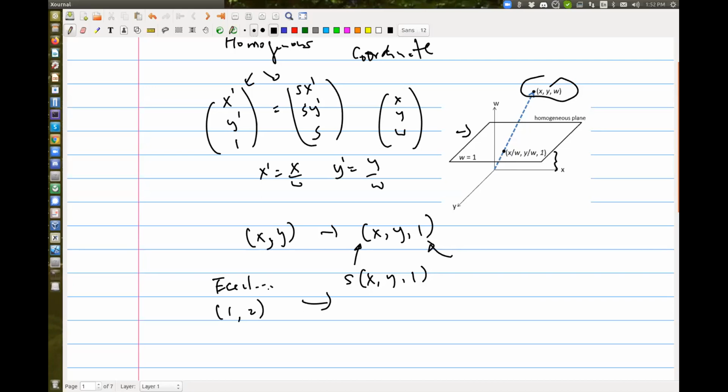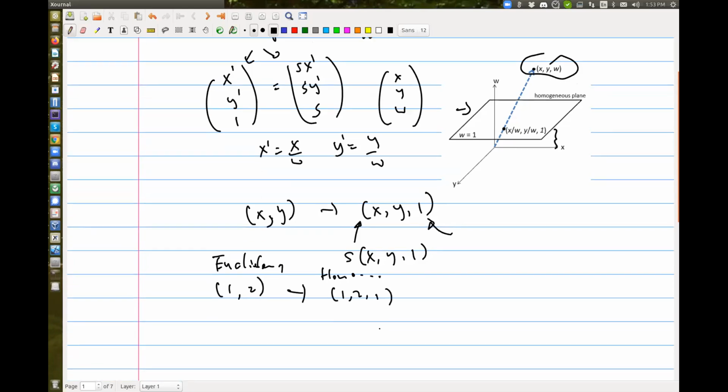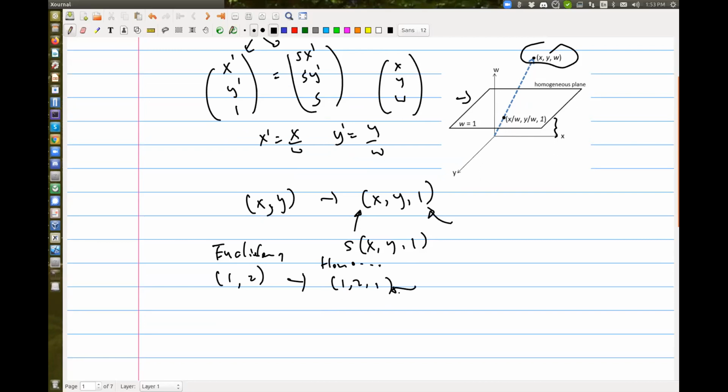The homogeneous coordinate will be (1, 2, 1). As I said, the 1 looks like a dummy, but I can have (2, 4, 2) also representing the same point, and (3, 6, 3) also representing the same point.